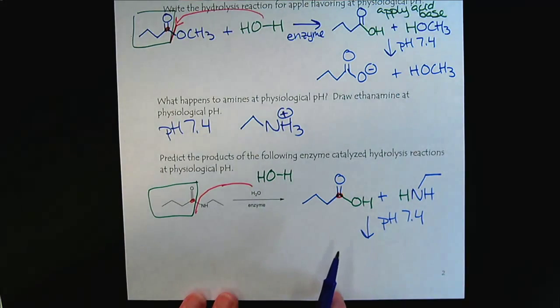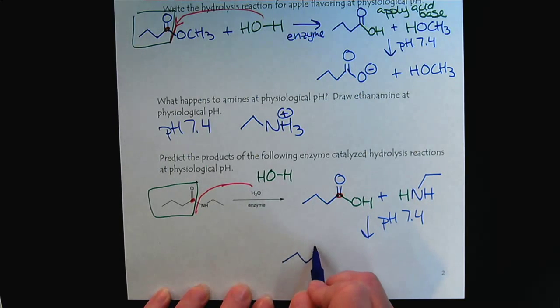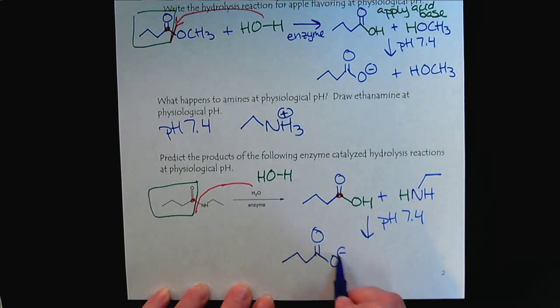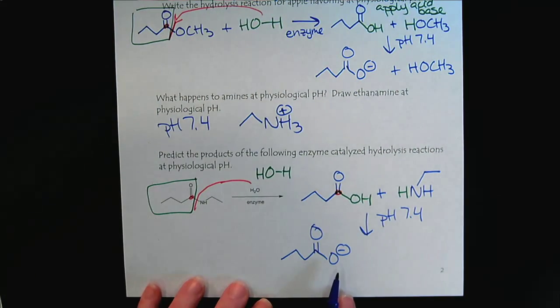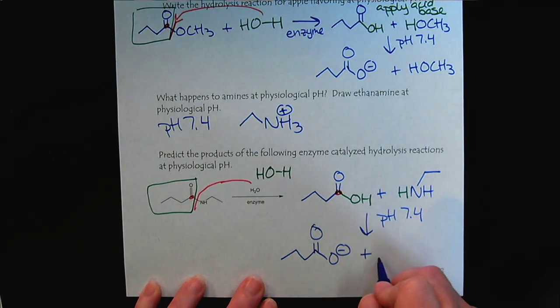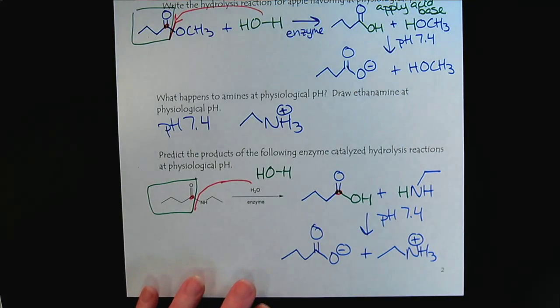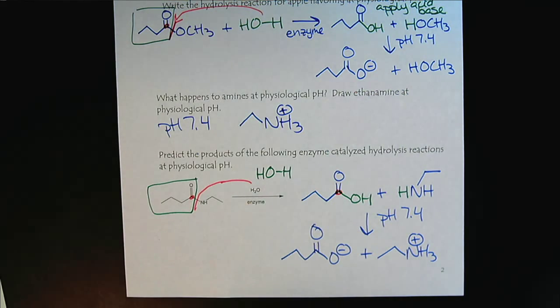Just like in the previous example with the ester hydrolysis, our carboxylic acid deprotonates to the carboxylate, and the amine protonates to the ammonium ion.